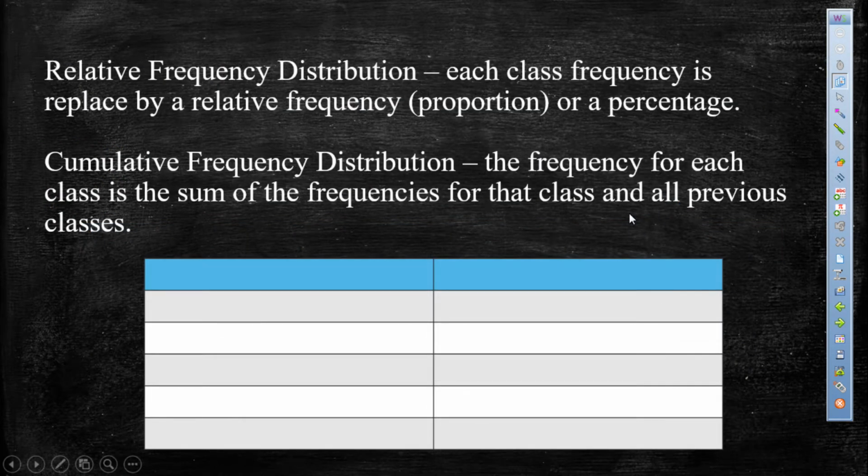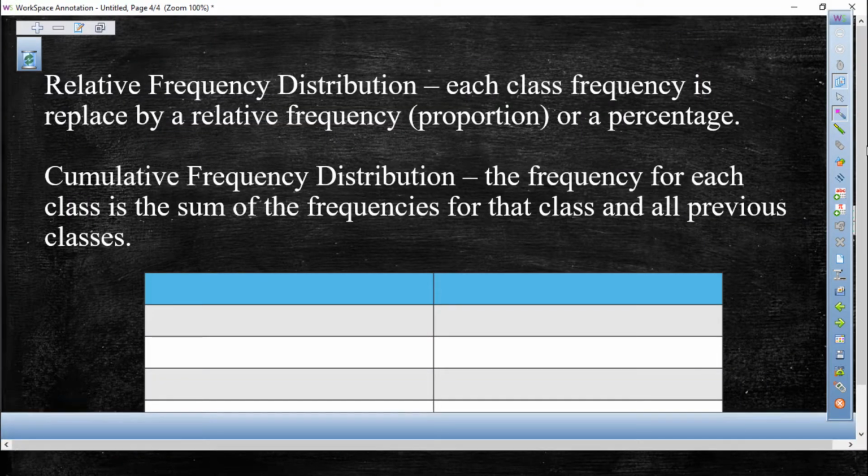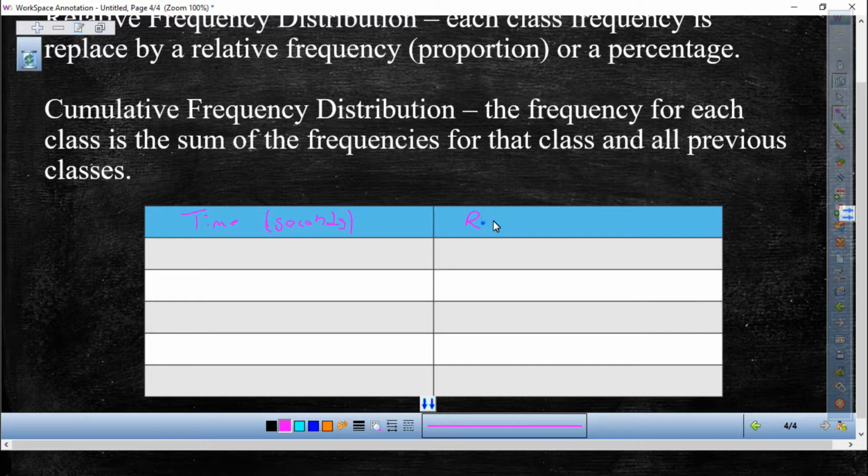And then relative frequency distribution. Now we're going to take what we got before and make it into a relative frequency distribution. So you're going to have time in seconds, and then we'll put relative frequency.